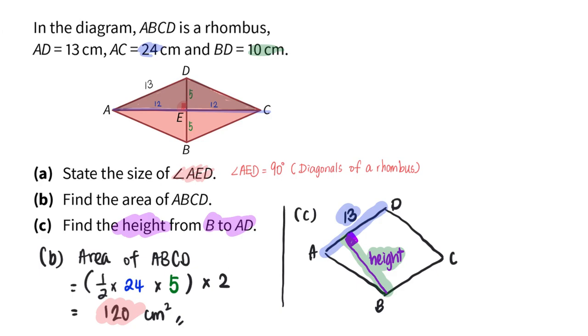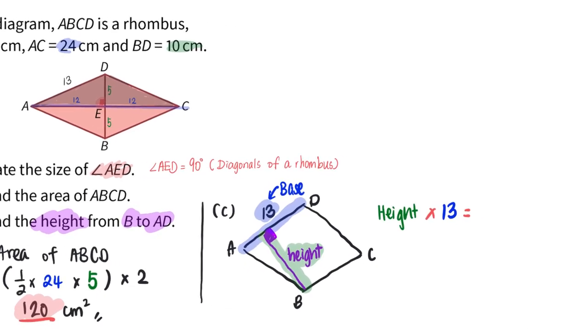So my height multiplied by the base, 13. This is my base. It will be equals to my area, 120.